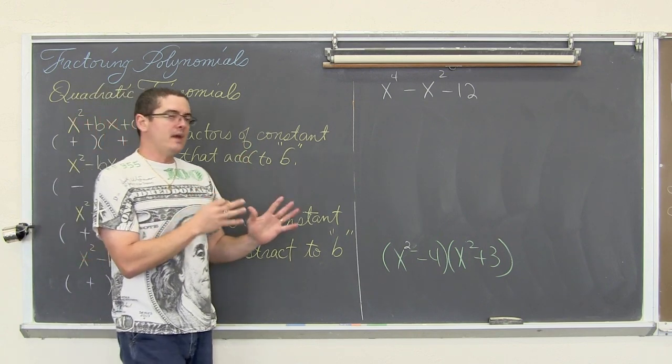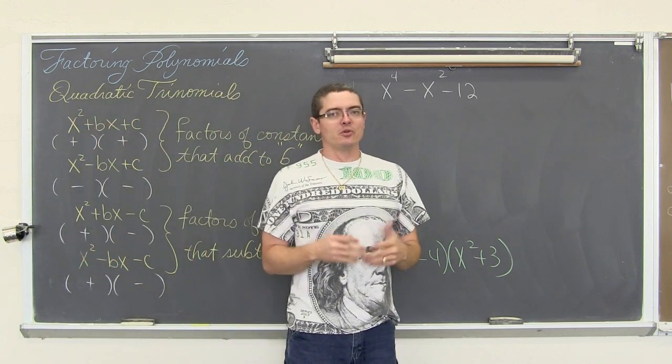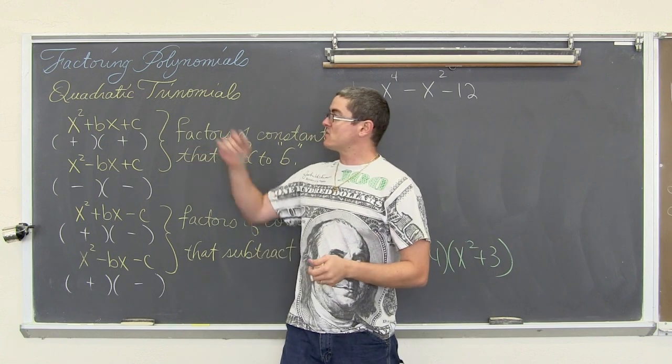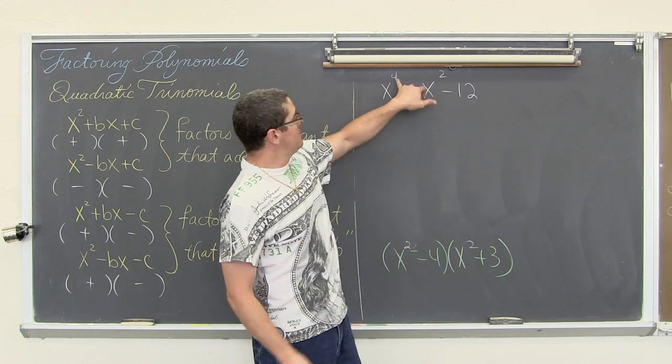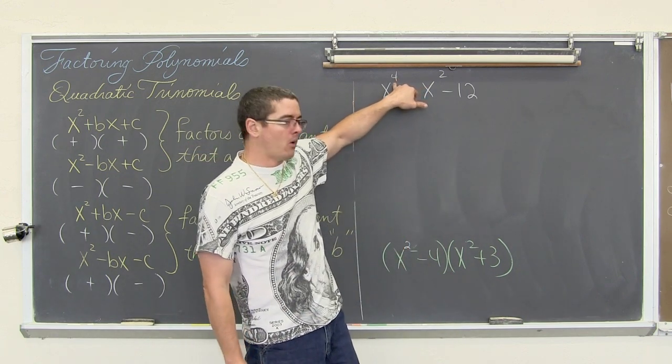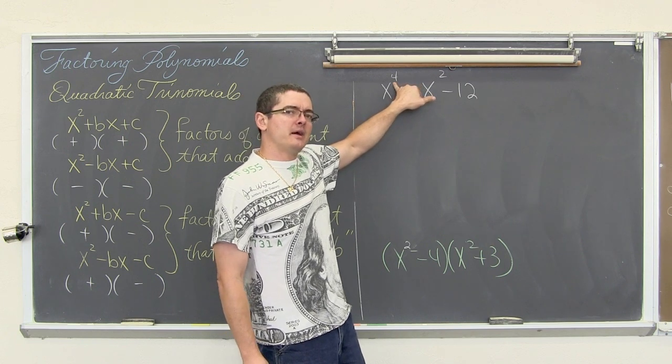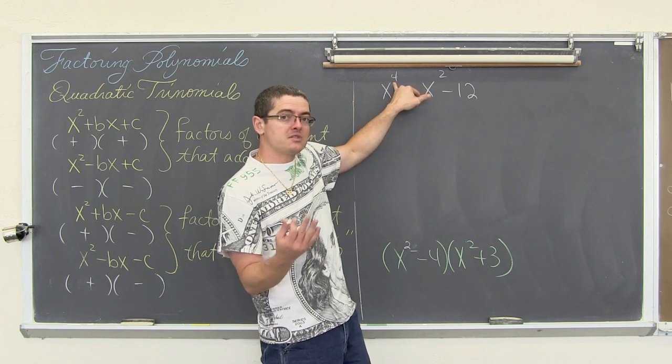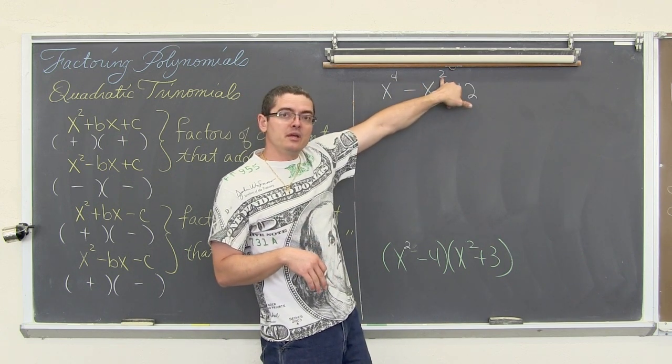Another way you can identify that this is factorable or that this is still okay as far as this quadratic type setting is that the first degree is 4. If you take 4 and you divide it by 2, that's what square rooting does to an exponent, you get a degree of 2.